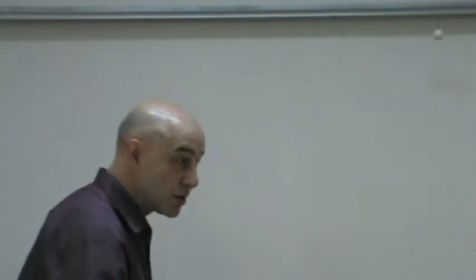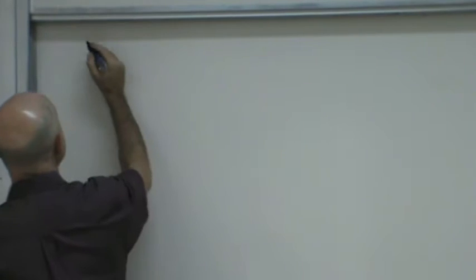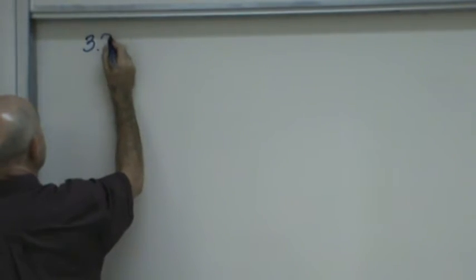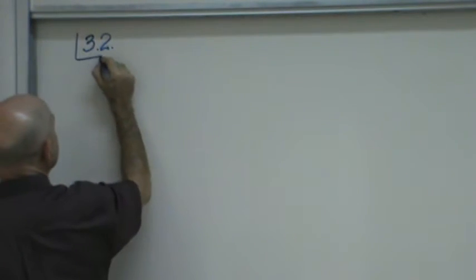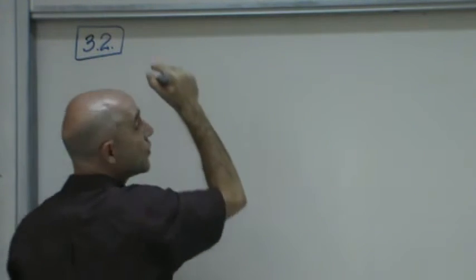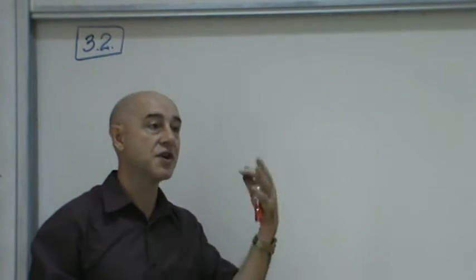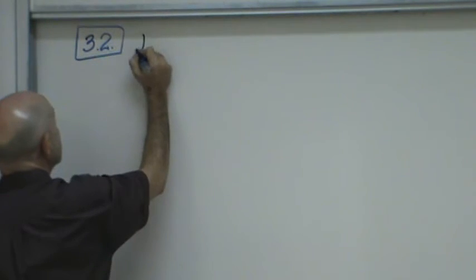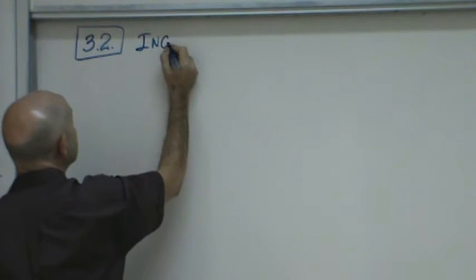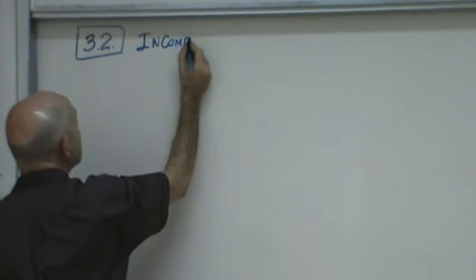Now moving on to section number 2. So 3.2 is, again, we're going through the statements, the main statements. So 3.2 will be the income statement.